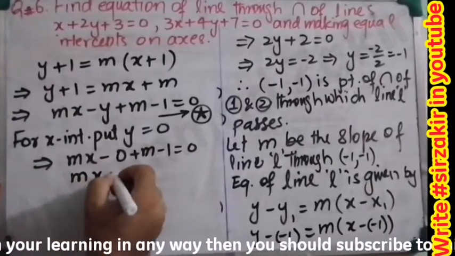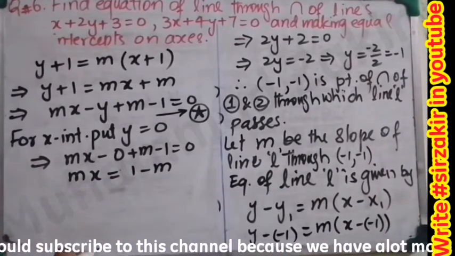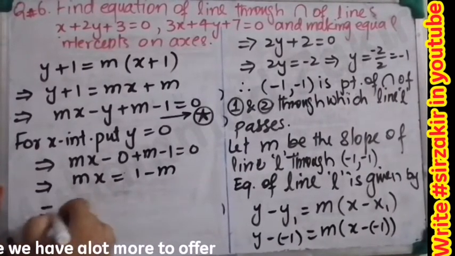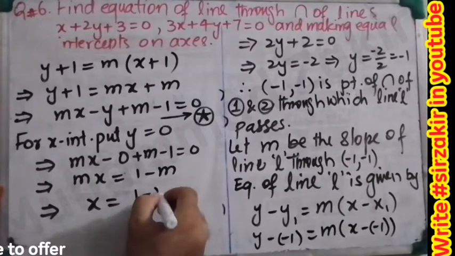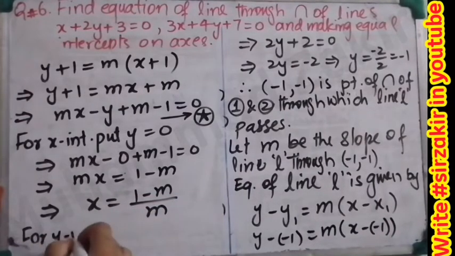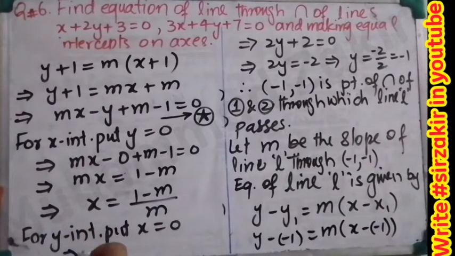The second given condition is making equal intercepts. So we find the intercepts. For the x-intercept, we put y equal to 0. When we put y equal to 0 in asterisk, we get mx minus 0 plus m minus 1 equal to 0. mx is equal to 1 on the right side positive, m on the right side with a negative sign. m is the coefficient of x, it is shifted to the right side.